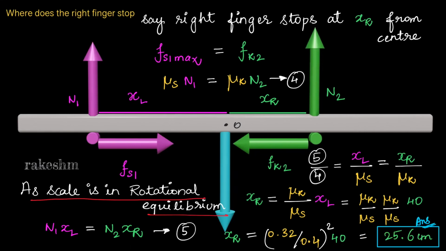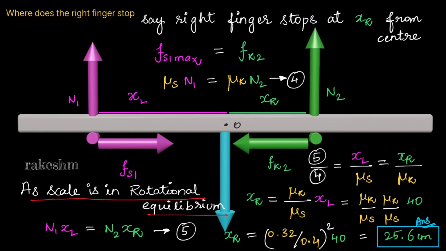So we get the final answer as 25.6 centimeters, which means the right finger will stop at a distance of 25.6 centimeters from the center, and after this again the left finger will start moving. Then the left finger will stop and the right finger will start moving, and so on. Finally, both fingers will meet at the center of mass.